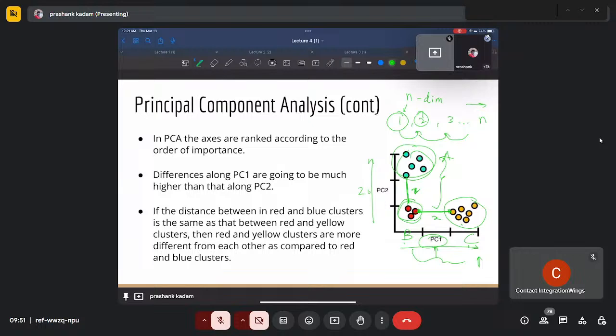So even though they are equidistant on the x and y axis, the data present on the x-axis is much more dissimilar, or these clusters share less similarity between each other than these two. So I hope that gives an intuition of what variance is.